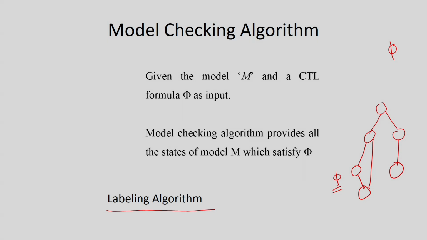If phi is true in this particular state, say Si, then it will be labeled by phi. As a result, this labeling algorithm is going to return the set of states where the given formula phi is true.